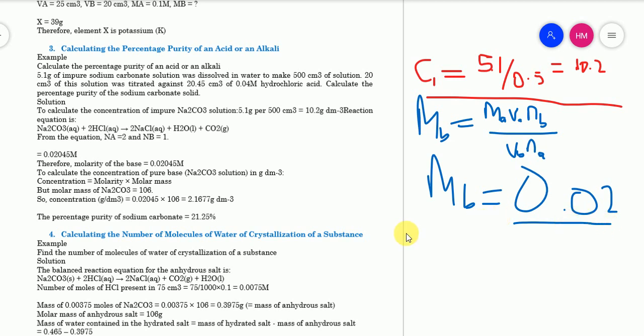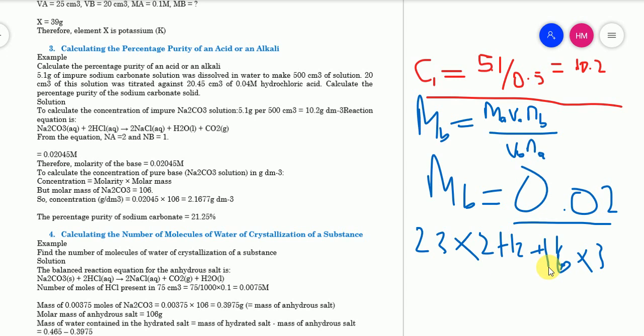So from sodium carbonate, sodium ni ngapi? 23 mara 2. Halafu carbon ni ngapi? 12. Halafu oxygen ni ngapi? 16 mara 3. So don't worry about this lighting style. Hii ni kwa sababu ya mouse ya kompyuta ambayo naitumia.